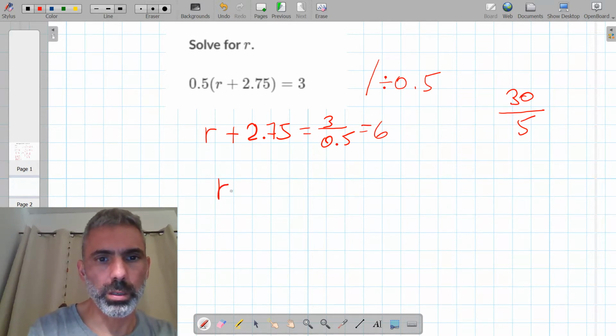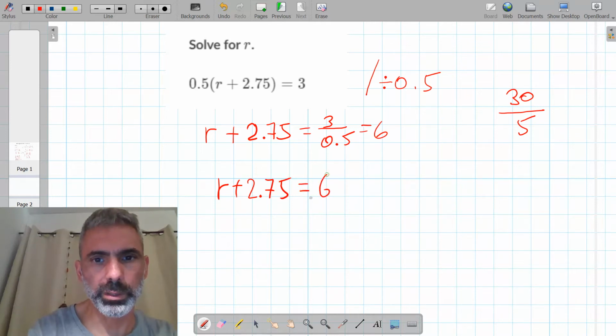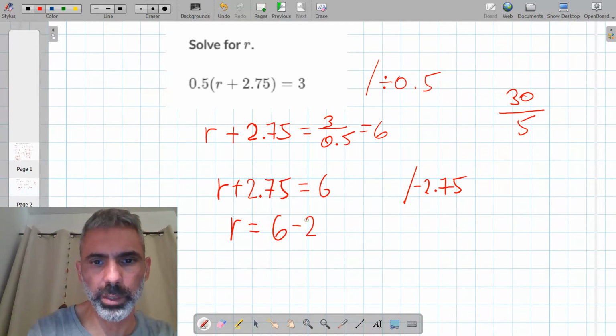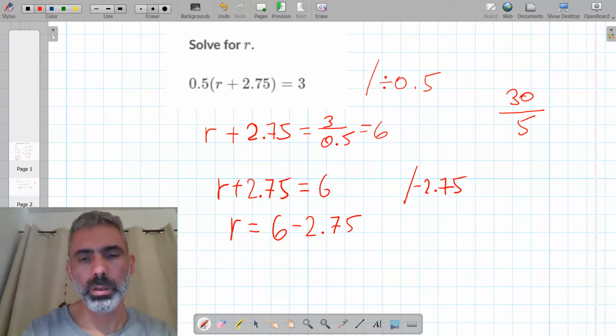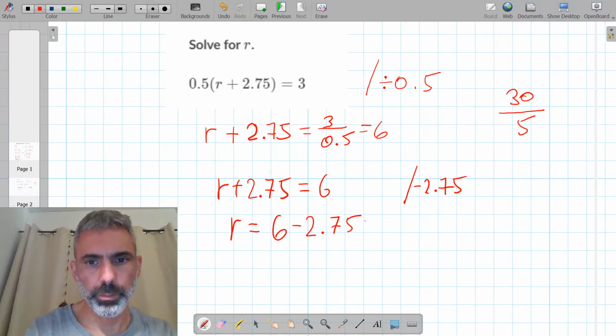So r plus 2.75 equals 6. Now to isolate the r, I need to subtract 2.75 from both sides of the equation. So I'm left with r on the left hand side of the equation, and on the right hand side I have 6 minus 2.75, which is 3.25.